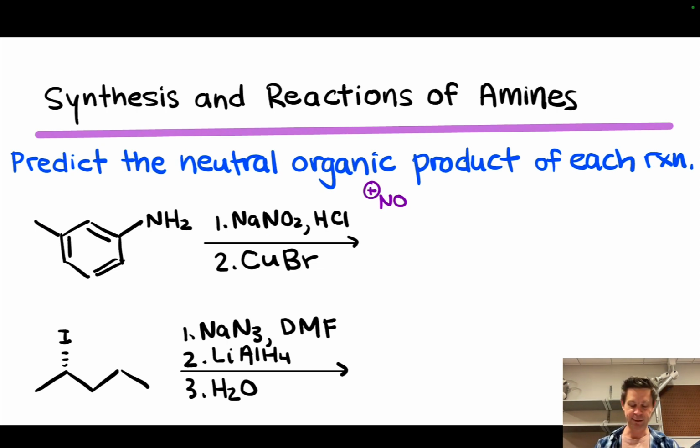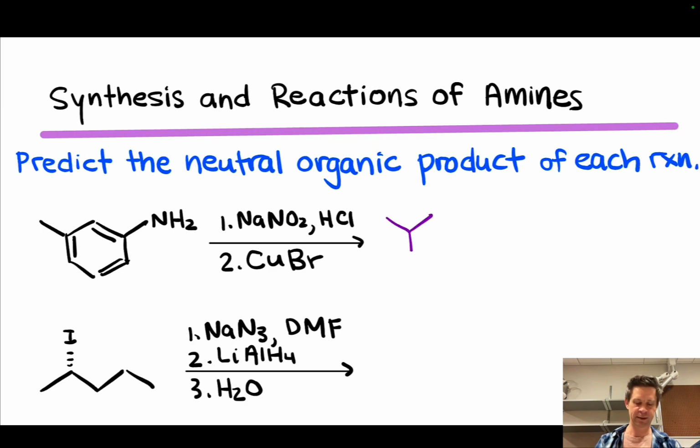And if the amine is primary, meaning it only has one carbon group attached to the nitrogen, which is the case here, we end up with a diazonium. And so here specifically, we're going to end up with an aryl diazonium species in the reaction mixture. And this will be the primary fate of the aniline in the first step of this sequence of reactions.